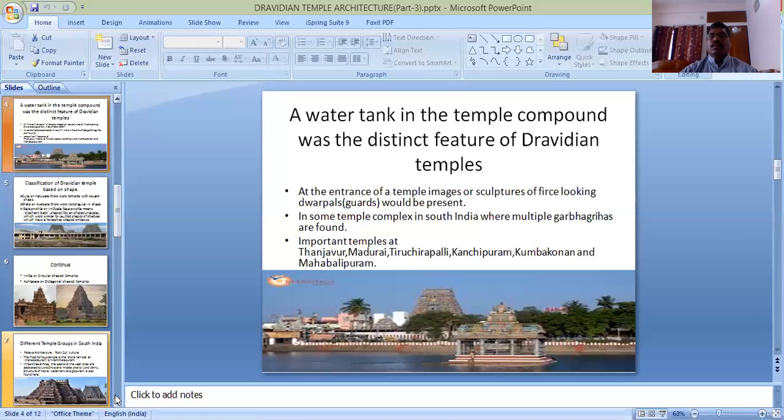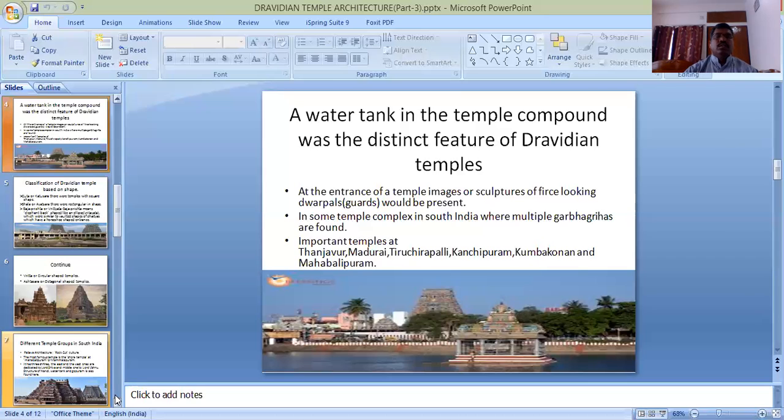So the Dravidian temple architecture is very important to our Indian art and architecture, or the history of art and architecture, with a specific identity or special classification of the Dravidian style, which is related with the compound wall, multiple Garbhagrihas, the water tank, or the gopuram or gateways of the temples.